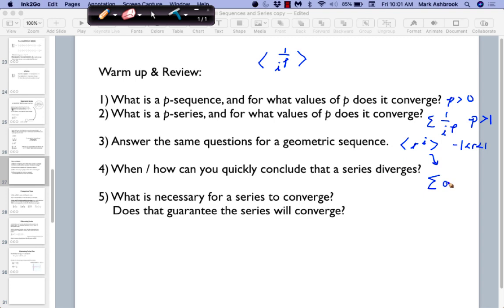We include a coefficient a, and in the geometric series, we want that first exponent to be 0. In the geometric sequence, we could make it 0 if it was i minus 1, but we just talked about how the first in the sequence was just r to the 1. But in a geometric series, we want to include the possibility of just a, r to the 0, which is a times 1.